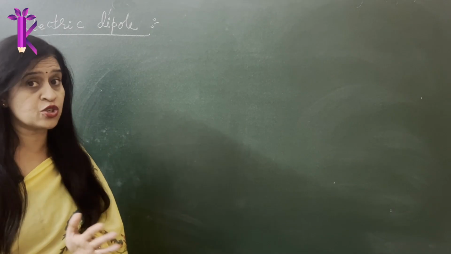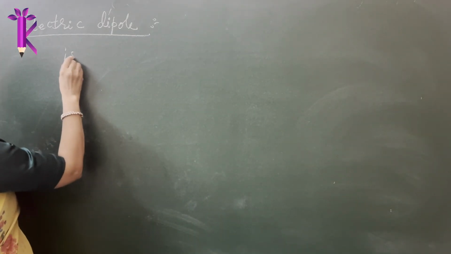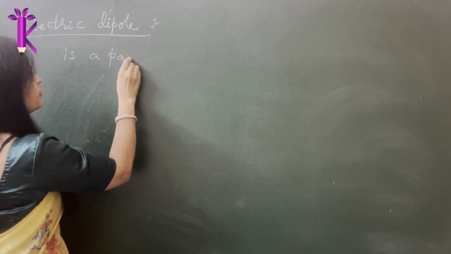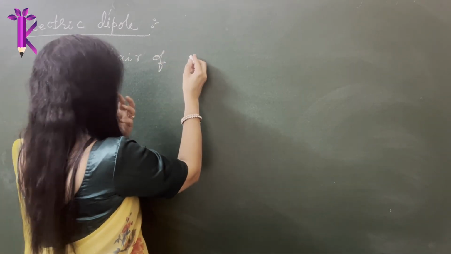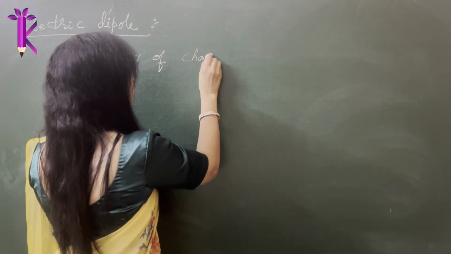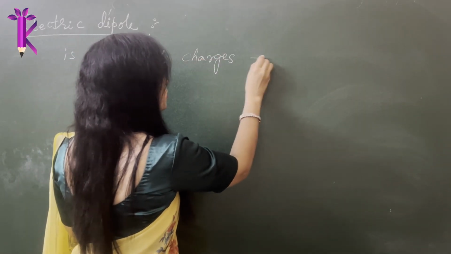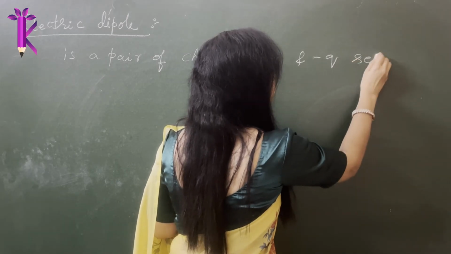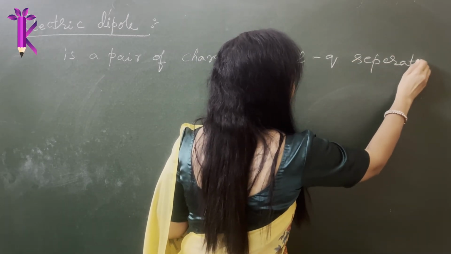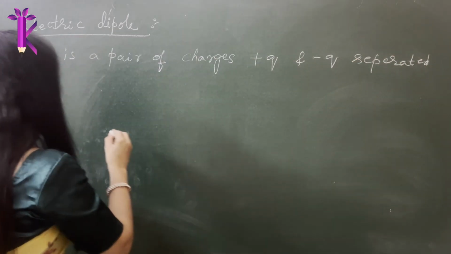But how do you actually define it? An electric dipole is a pair of charges. What are those charges? Charges plus q and minus q, separated by a distance.